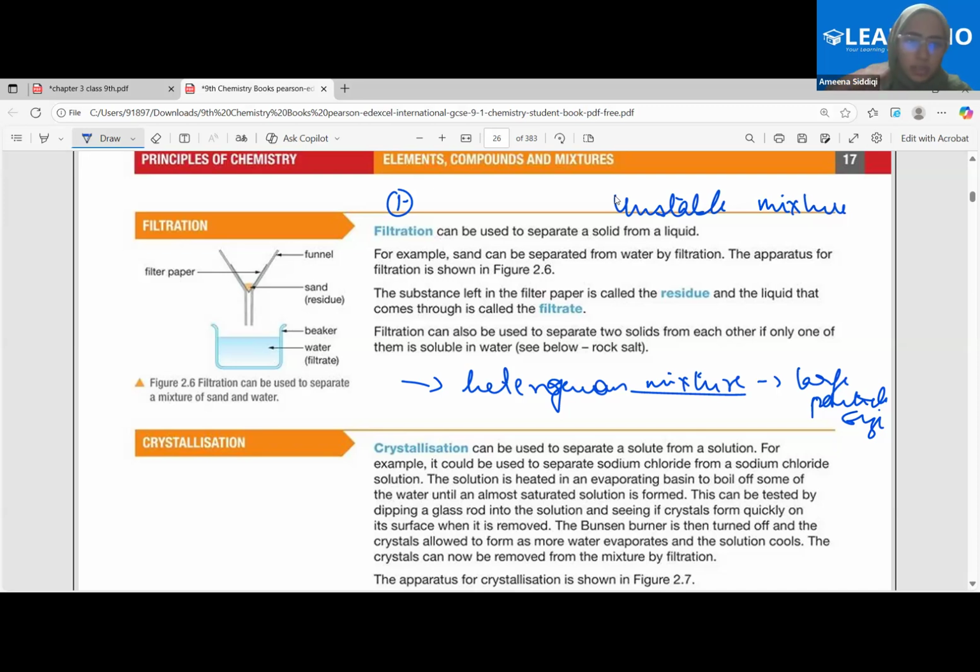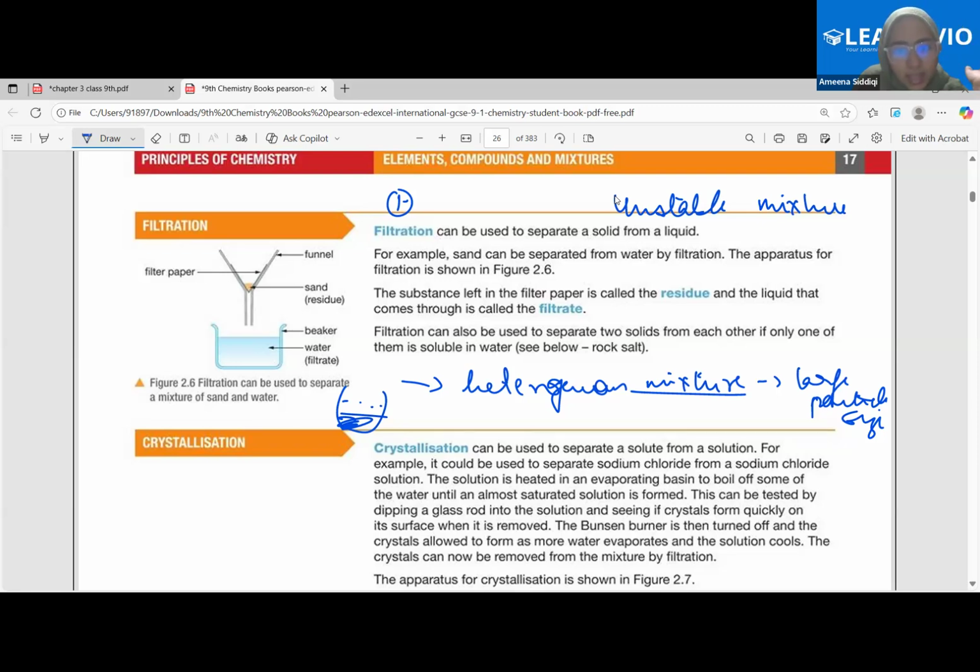If you mix sand and water, that becomes a mixture, right? When you mix them properly, they will appear in a mixture form. But if you leave that mixture undisturbed for some time, don't you think the sand particles will settle down at the bottom of the beaker and water will come over the sand particles? This is what we used to learn as sedimentation and decantation.